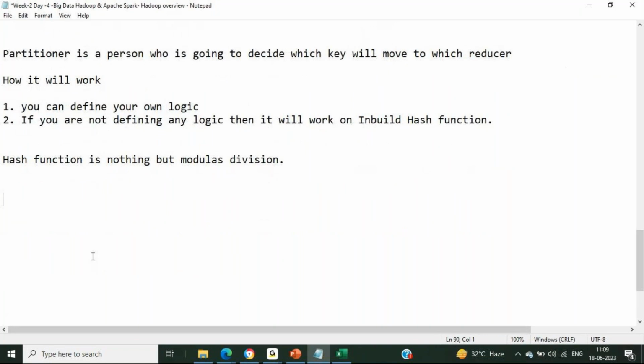Say I'm having three mappers: mapper 1, mapper 2, mapper 3. Then modulus division by 2, where 2 is the total number of reducers that you want to have.